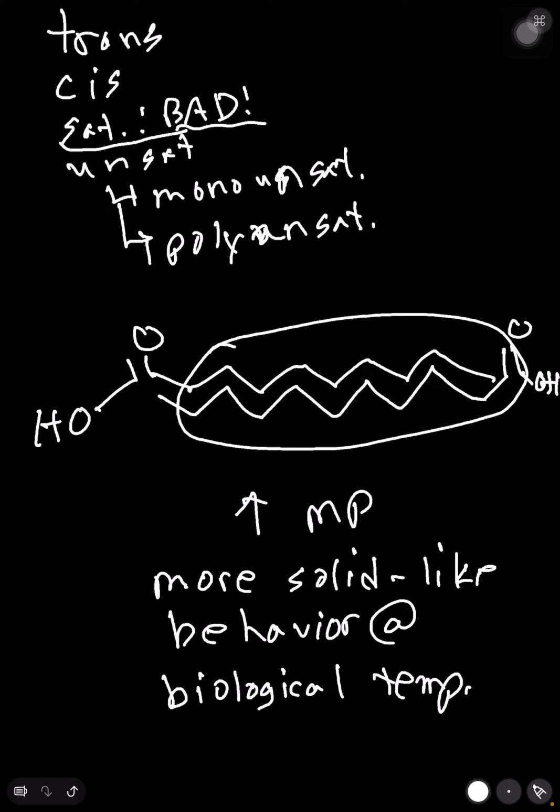That means blood and whatever is in the blood cannot flow back and forth. That's bad. We want the fats in our bloodstream to have low melting points so they'll be in liquid form and can flow freely instead of causing these blockages, right?